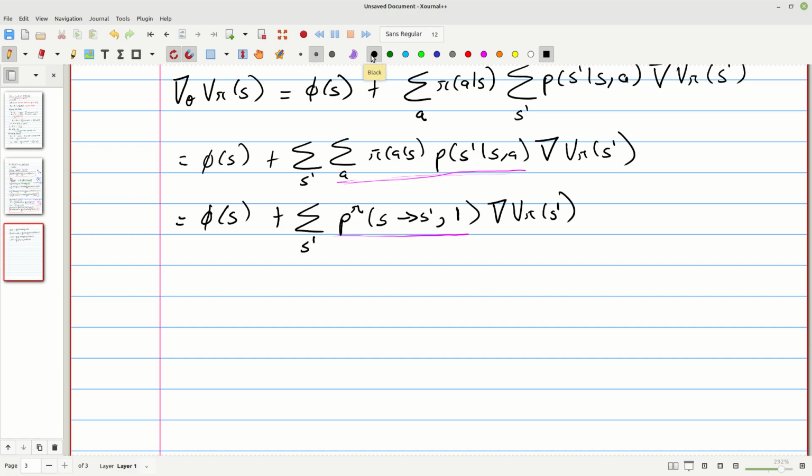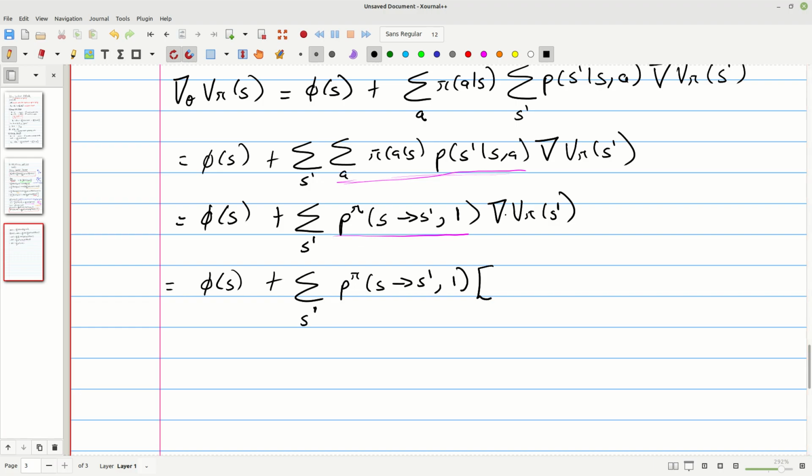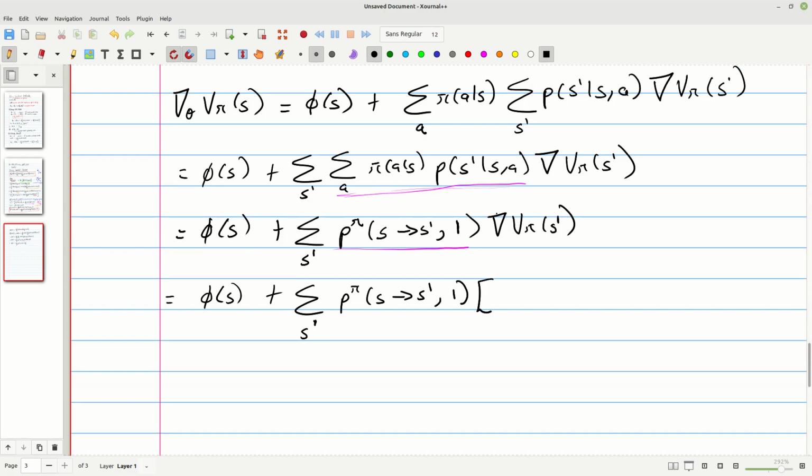And next, we're going to say this is equal to phi of s plus the summation over s prime of p pi s to s prime in exactly one step times the derivative with respect to theta of v pi of s prime. The derivative here should be the same term, it's the same thing.